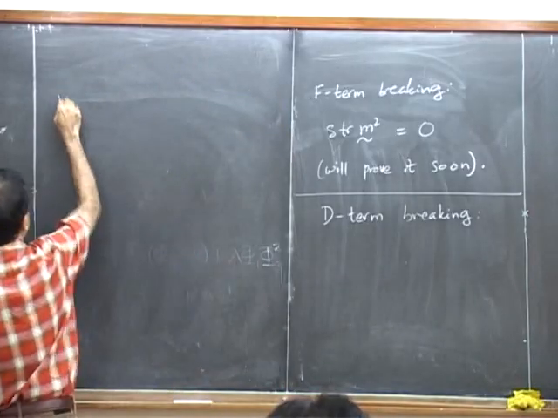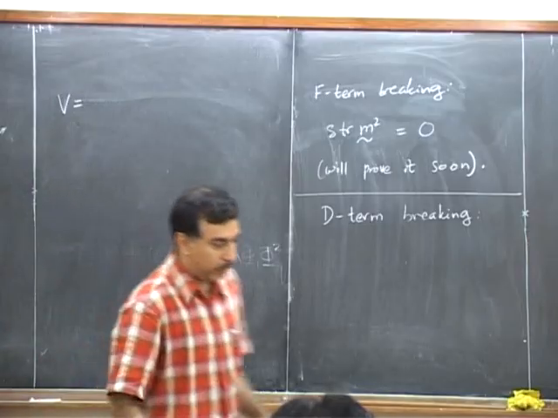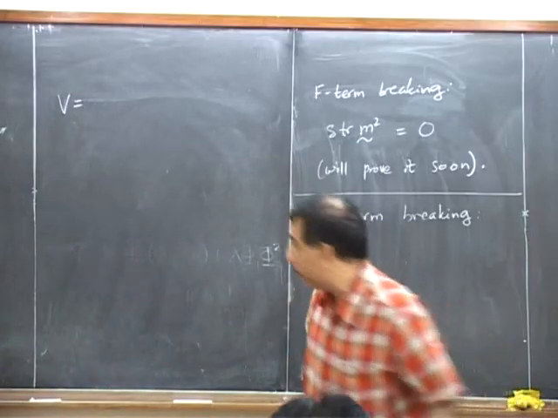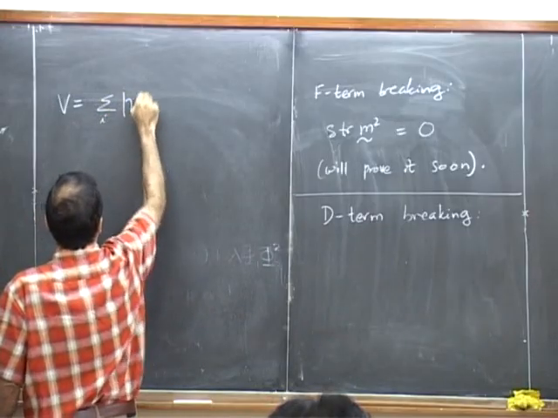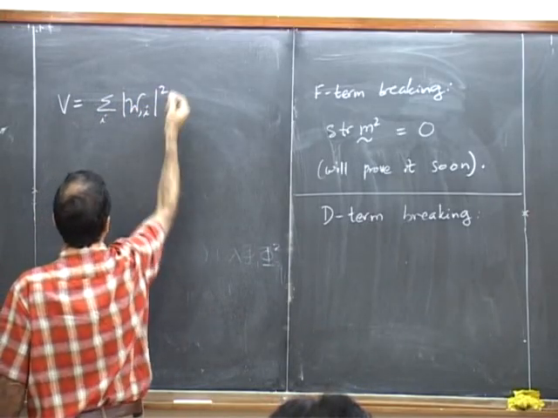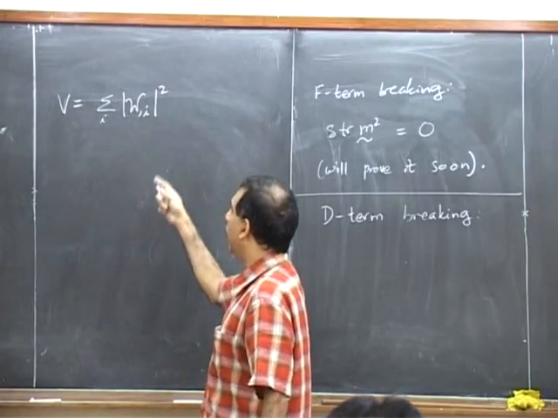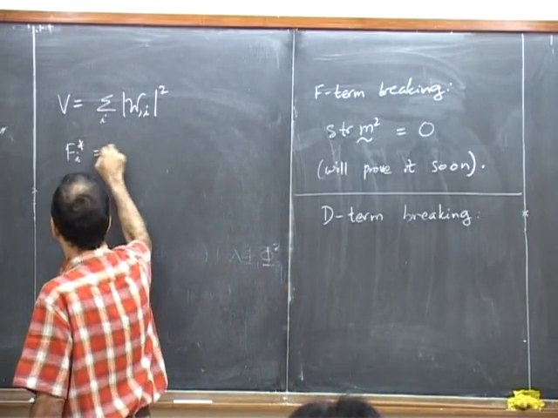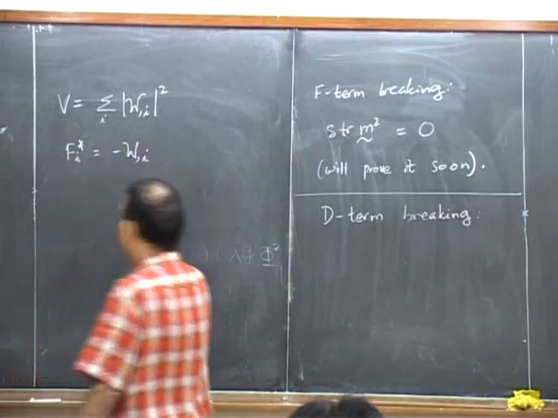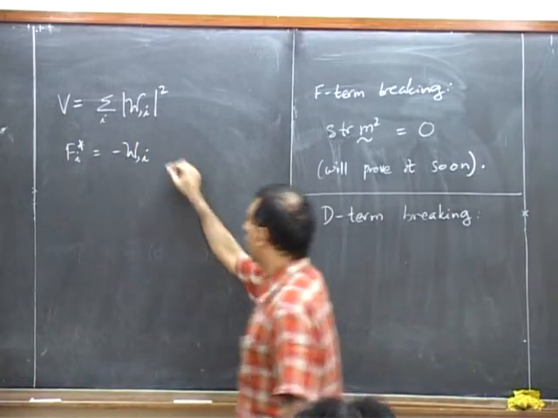The scalar potential is simply the square of the F terms plus the square of the D terms, and it's written as a summation over i of |W,i|^2, because remember that F_i^* was minus W,i(φ).